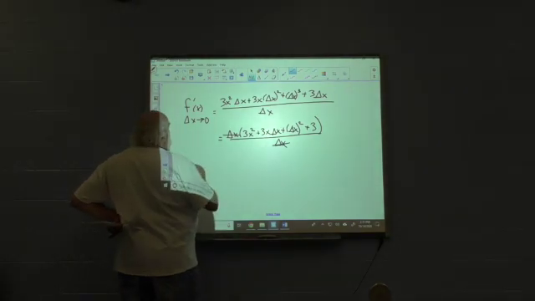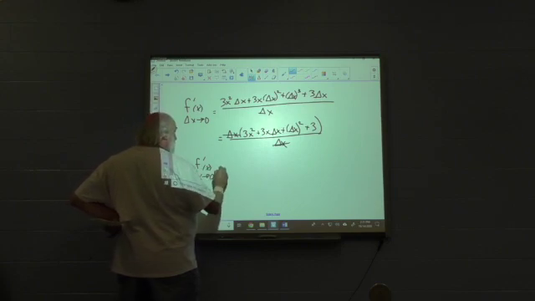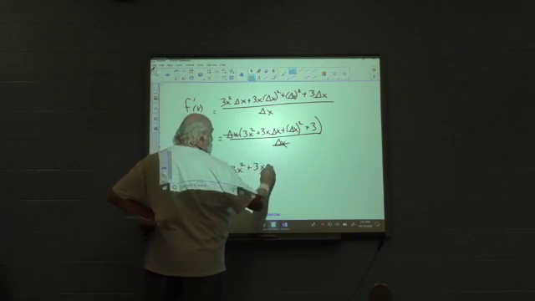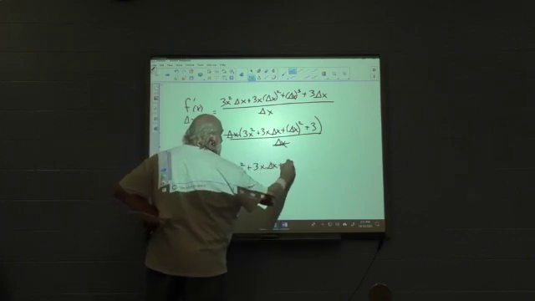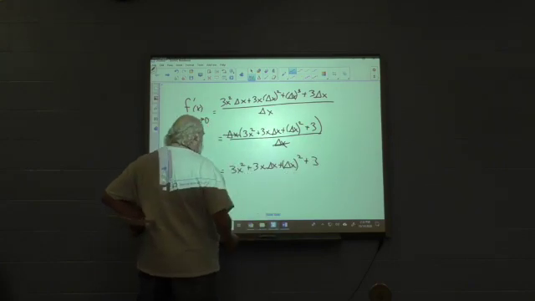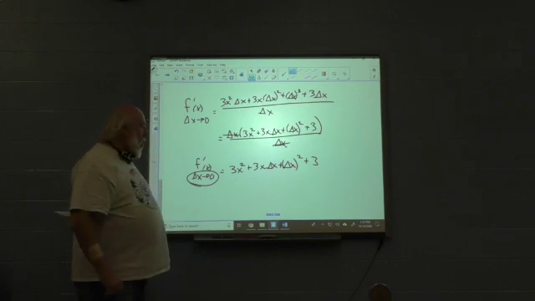This now gives us f prime of x as delta x approaches 0 is equal to 3x squared plus 3x delta x plus delta x squared plus 3. But now we factor this into the whole thing.